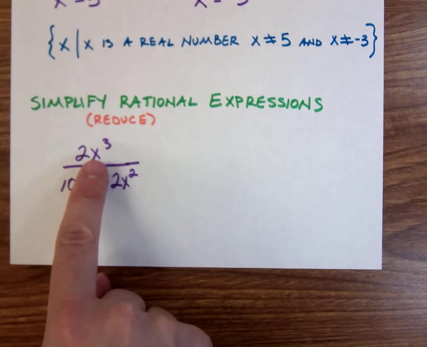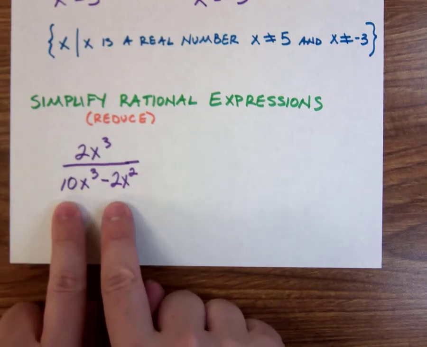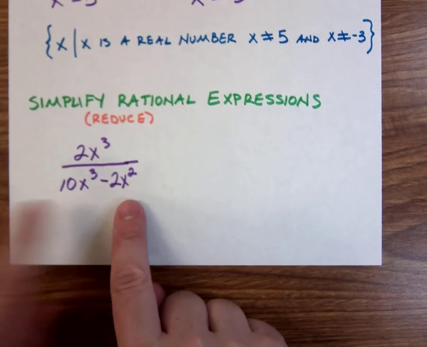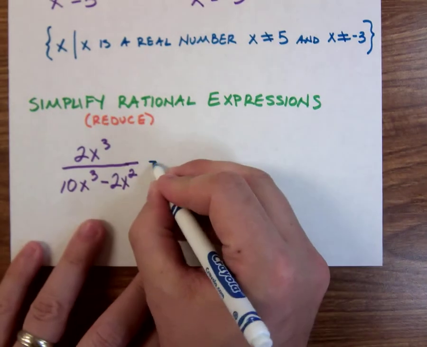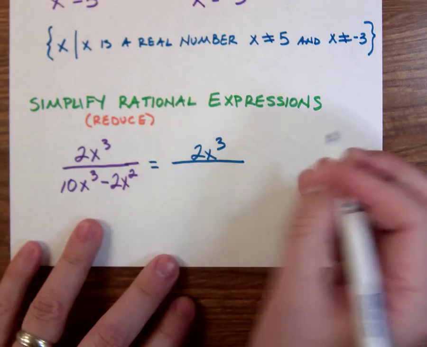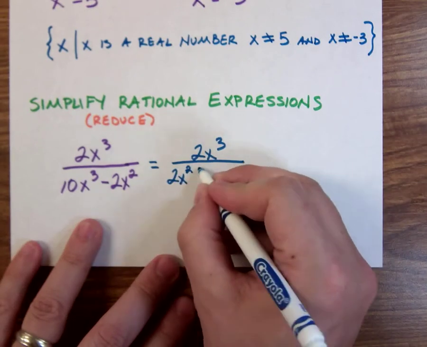It's only got one term in it. You can't factor just one term. But we could factor 2x squared down here, couldn't we? 2 is the greatest common factor of 10 and 2, and x squared is the greatest common factor of x cubed and x squared. So I'm going to leave the numerator alone for now. And on the bottom, I am, as you suggested, going to factor out 2x squared.